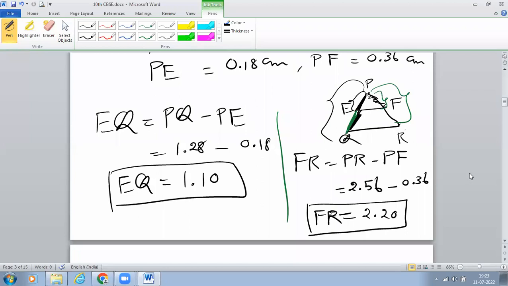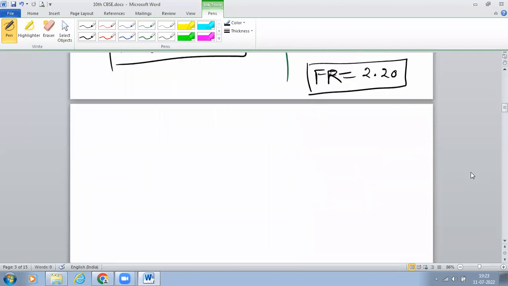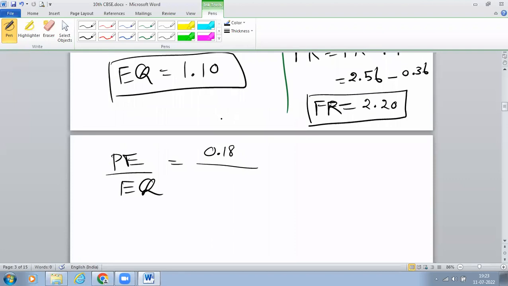Now we have to find the ratios PE by EQ and PF by FR and check whether they are equal. First I'll find PE by EQ. PE is 0.18, divided by EQ, which is 1.10.